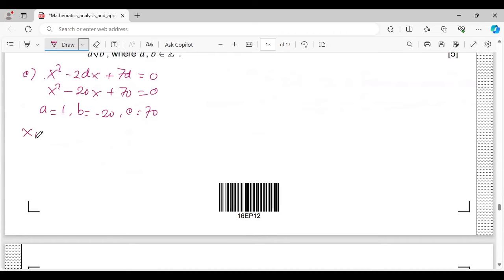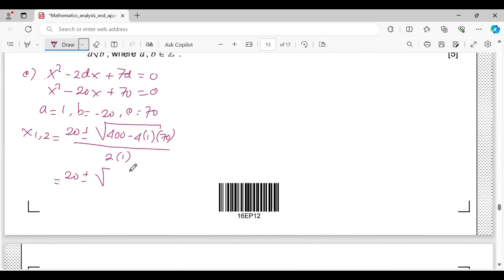Next, x1 and 2 is 20 plus minus square root of (minus 20 squared minus 4 times 1 times 70), over 2 times 1. So it becomes 20 plus minus square root of 400 minus 120, over 2.